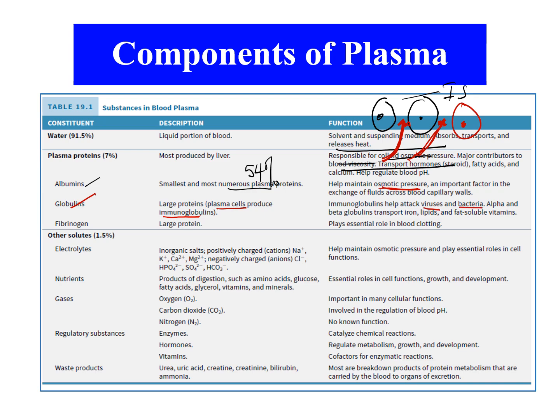Then we also have some, like alpha and beta globulins, that help in transportation of materials such as iron, lipids, and fat-soluble vitamins, for example vitamins A, D, E, and K. Those are fat-soluble vitamins. They cannot be transported freely in blood. They have to bind to proteins, and some examples of these proteins are the globulins that we have mentioned there.